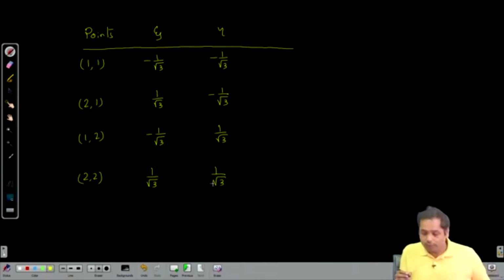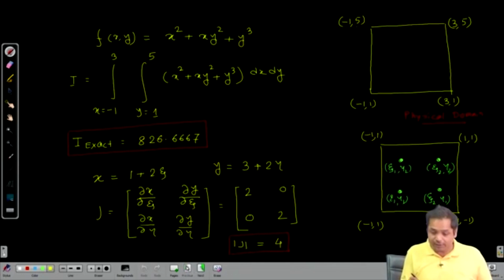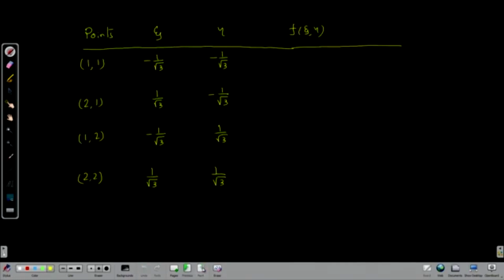Okay. Now we have to evaluate the function value. Now the function value is a function of xi and eta. In this expression, the function is written in terms of x and y. We already know the relation between x and xi, and y and eta. So this function now needs to be written in terms of xi and eta.